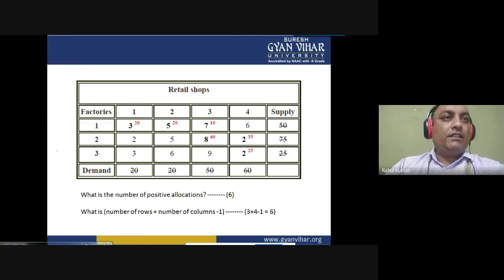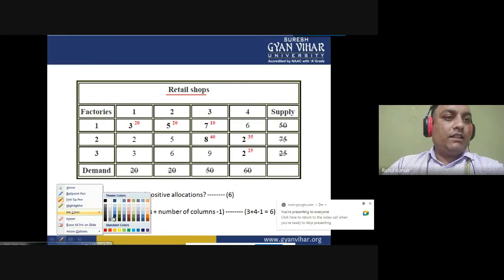First, these are the details of the example. Here are the factories. I will change the color of the pen because the red color is already present in this question column.